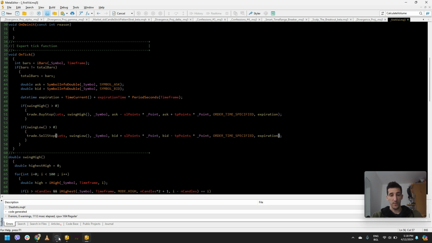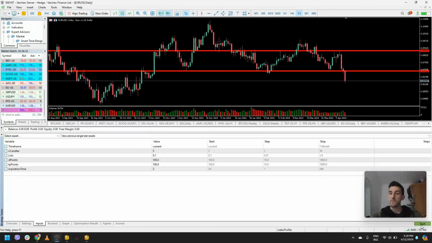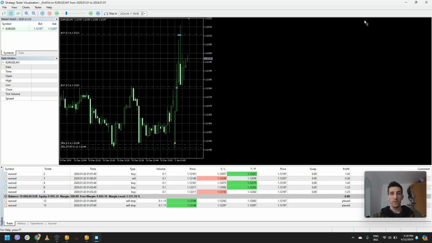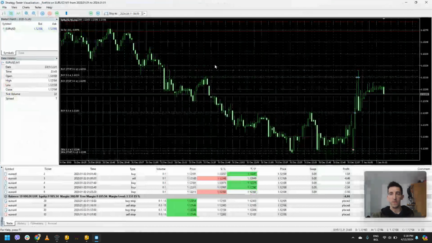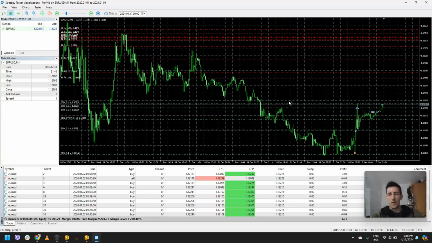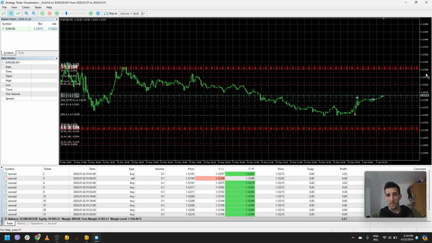Let's try it out. Okay, I like it when it does that. Well, it's a mess, but we can see that it's placing take profits of the buy stops above and stop loss of the sell orders above it as well.